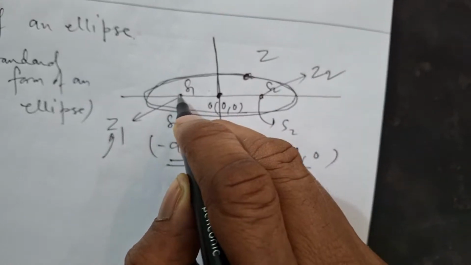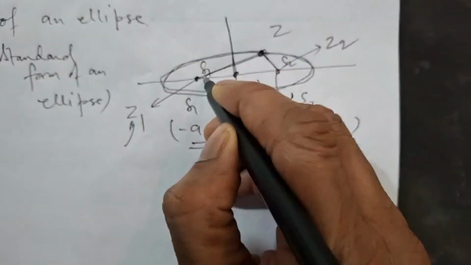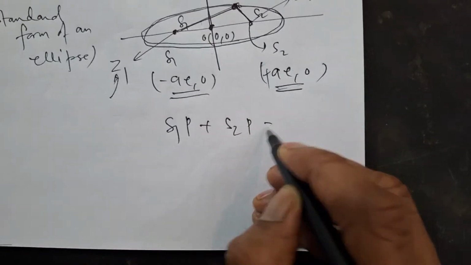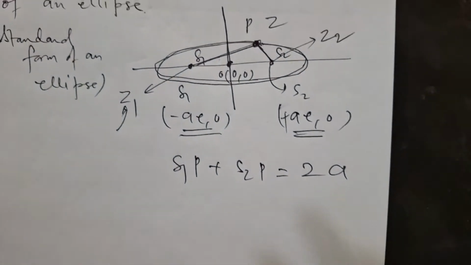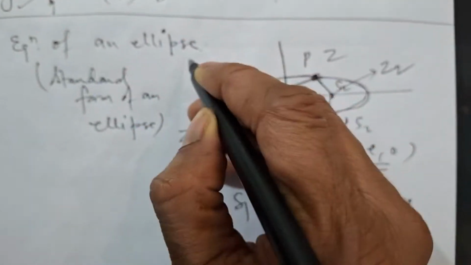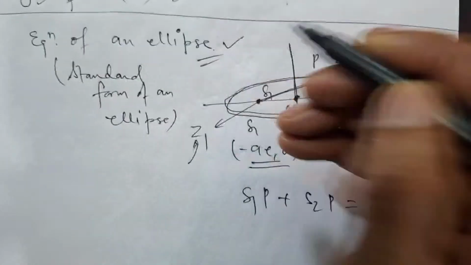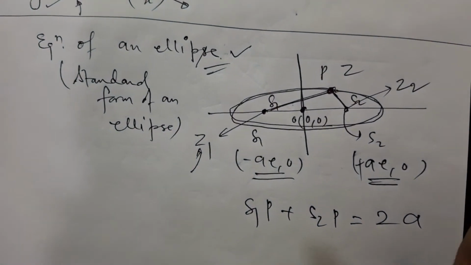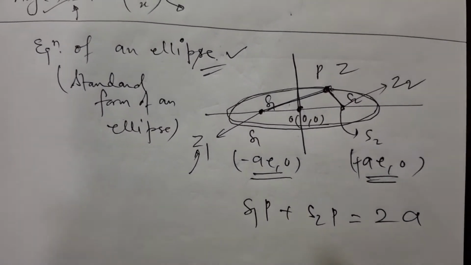Take Z and please join S1 to Z and S2 to Z, dear genius. Suppose this is point P, S1P plus S2P. You know the definition of an ellipse? S1P plus S2P equal to the major axis is called an ellipse. That is the only formula required. For IIT, they just want to know whether you are capable of understanding advanced technology.